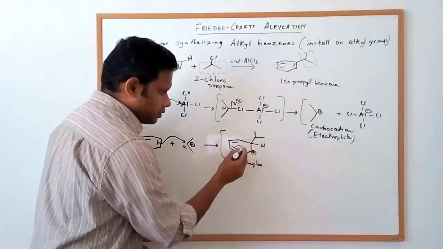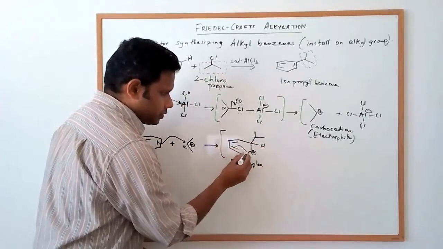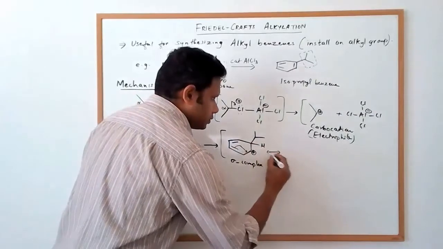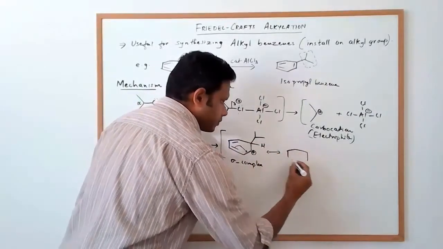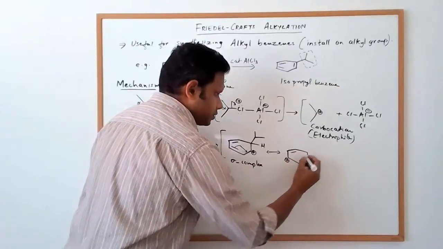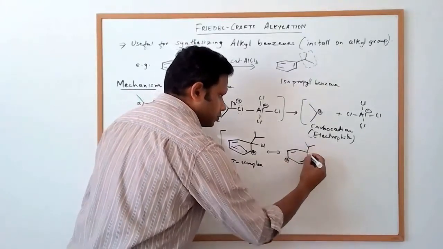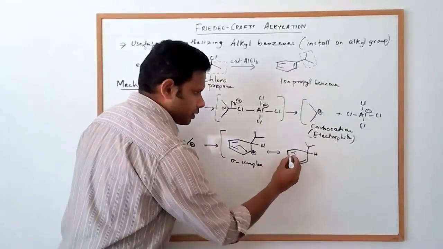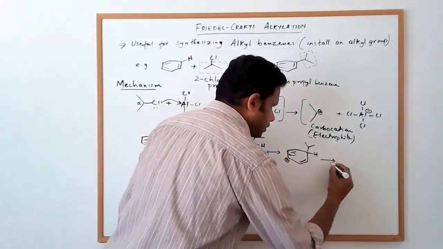Sorry, this electron push needs to point there. So we can use that pi bond to show resonance. Get a double bond here, double bond here. The positive charge is here. Isopropyl group, hydrogen. This pi bond moves again.